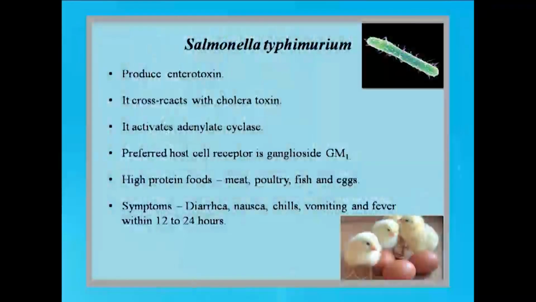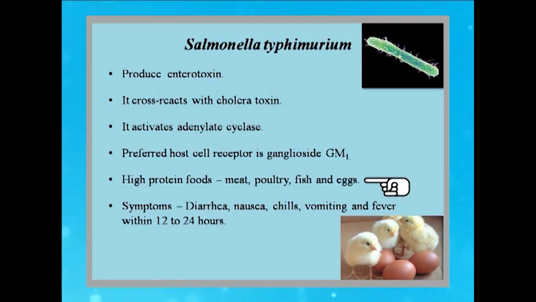Salmonella typhimurium is another gram-negative bacteria which causes food poisoning. Though it is gram-negative, it also releases an enterotoxin which is called the salmonella toxin. Now this salmonella toxin activates the adenylate cyclase. When adenylate cyclase is activated in a cell, there is a loss of electrolytes along with water, and as a result, this causes watery diarrhea.